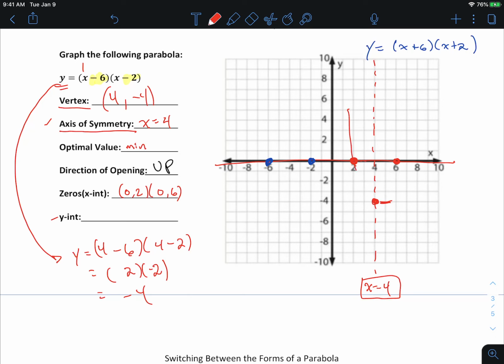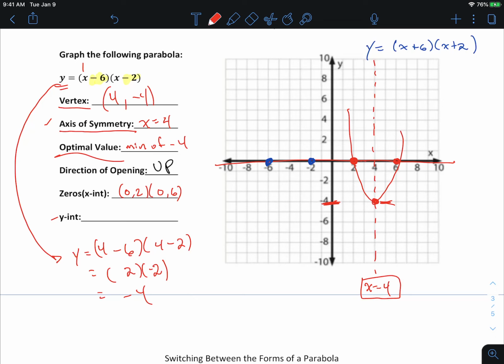Because it's opening up. It goes down to -4. It doesn't go any lower than -4, so that's what the optimal value means.